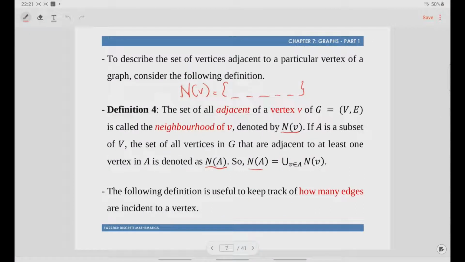Alright, so now we move to the next slide. The following definition is useful to keep track of how many edges are incident to a particular vertex. Let's see the definition.